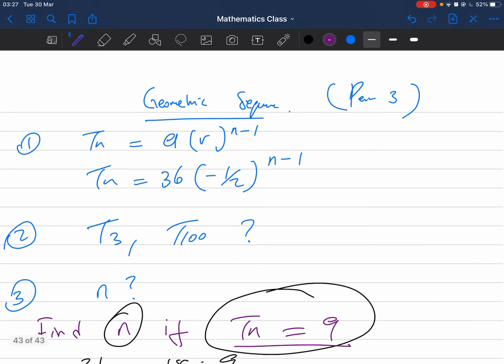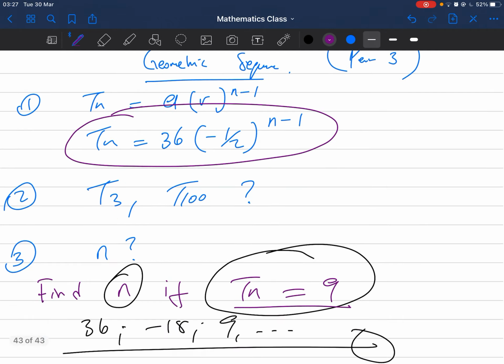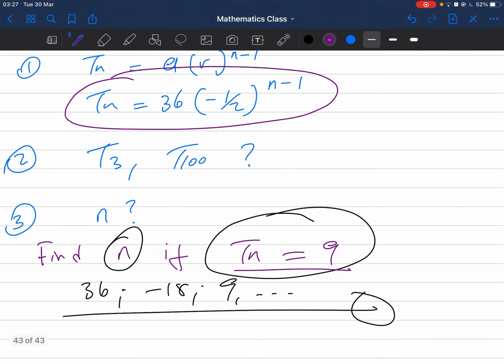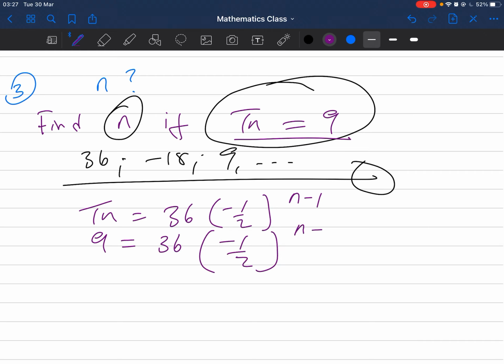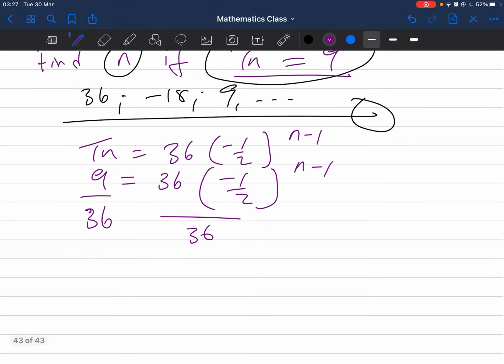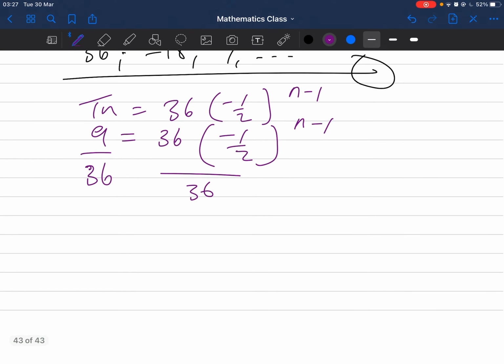So we're given Tn is 9, and we've discovered that Tn is equal to 36 times negative half to the power n minus 1. So 9 equals 36 times negative half to the power n minus 1. You're going to divide by 36 on both sides.